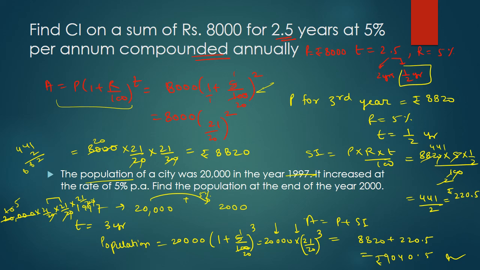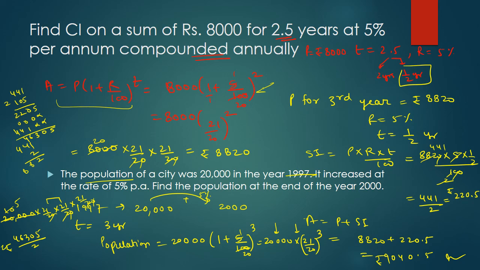This will be 441. Then 441 times 21 is 9261. Multiply it by 5, and we get 46305 by 2.